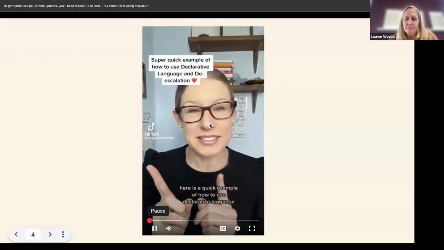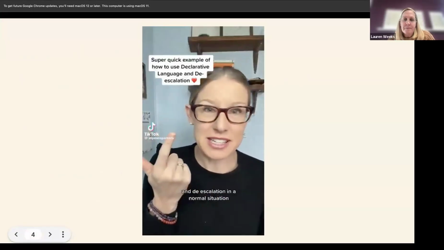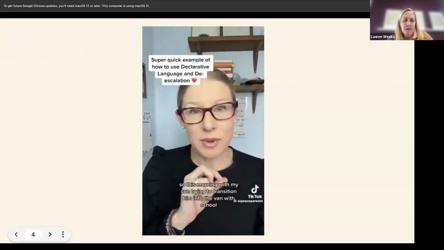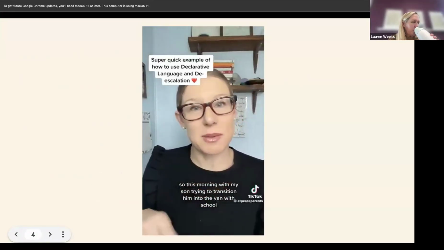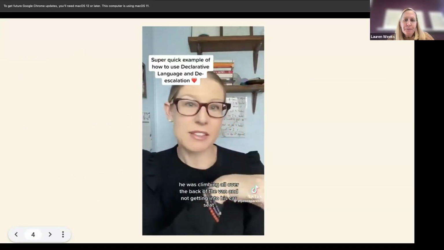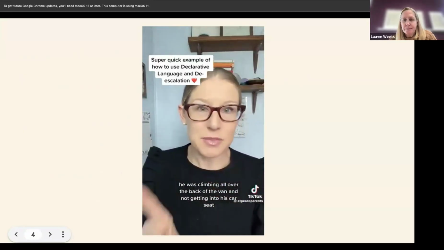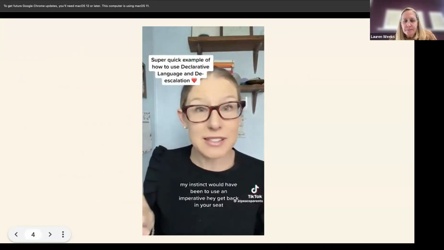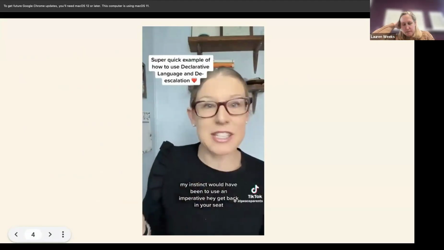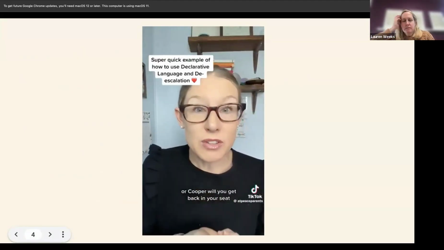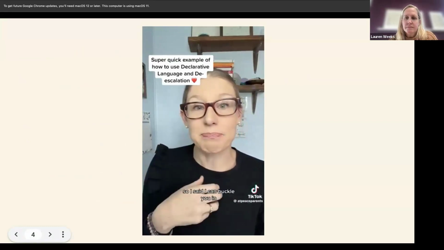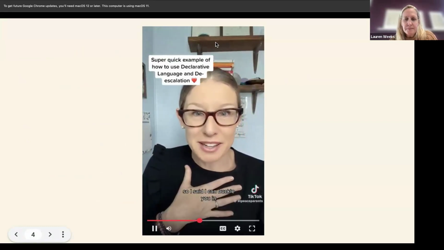Here is a quick example of how to use declarative language and de-escalation in a normal situation. So this morning with my son, trying to transition him into the van with school, he was climbing all over the back of the van and not getting into his car seat. Four years ago, my instinct would have been to use an imperative, hey, get back in your seat, or Cooper, will you get back in your seat? Both of which activate his nervous system. So I said, I can buckle you in.